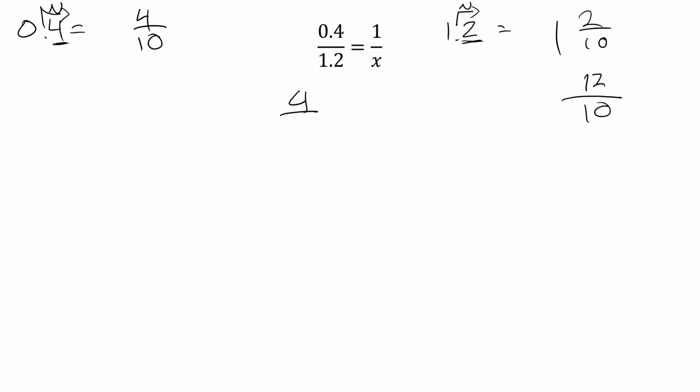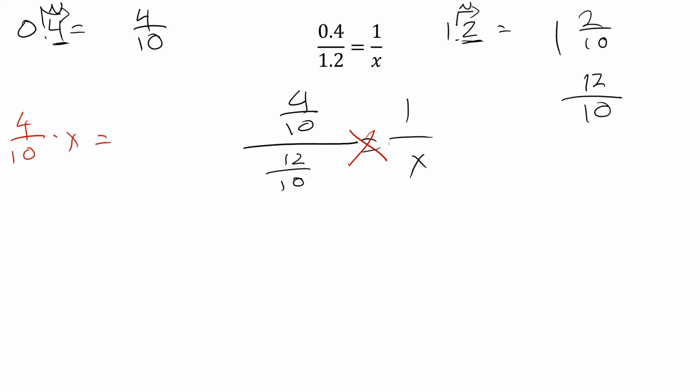So we have 4/10 over 12/10 equals 1 over x. First step, multiply your corners. So right over here, 4/10 times x equals 1 times 12/10.